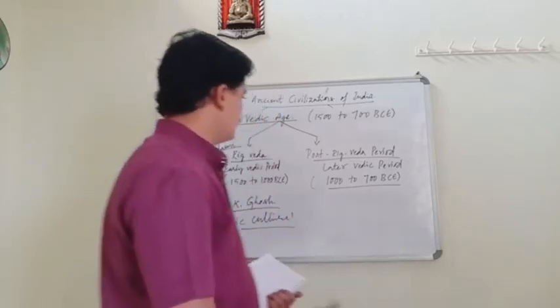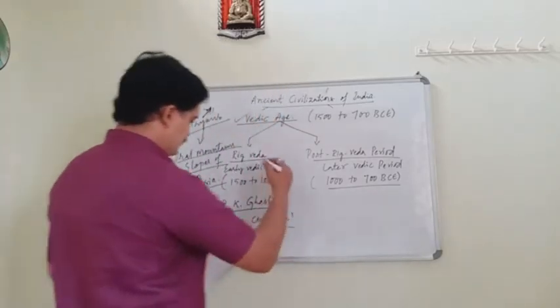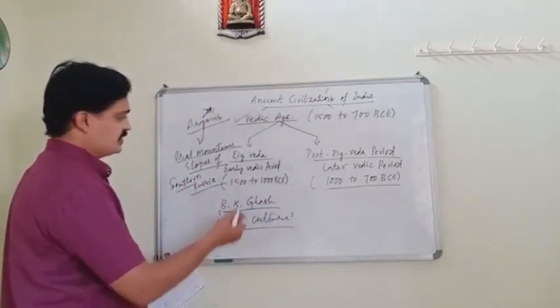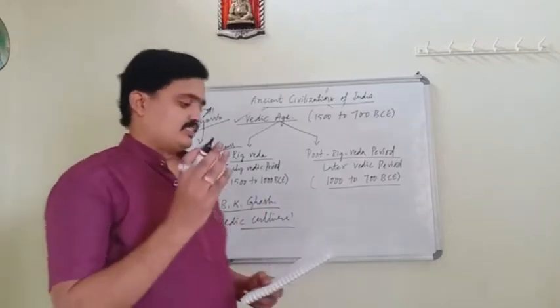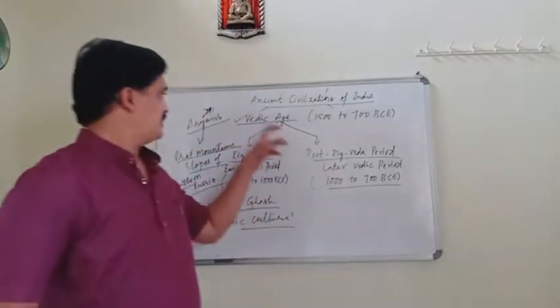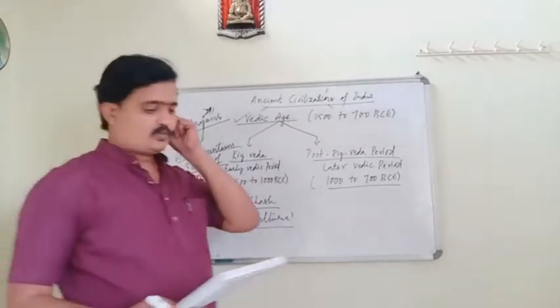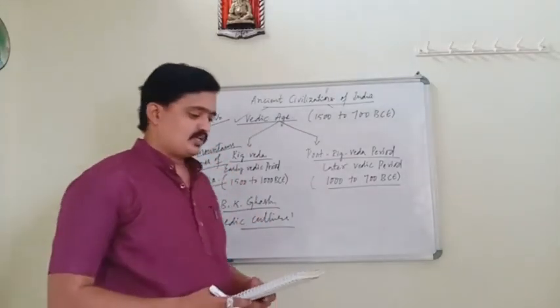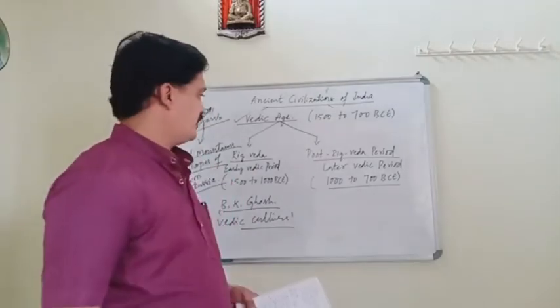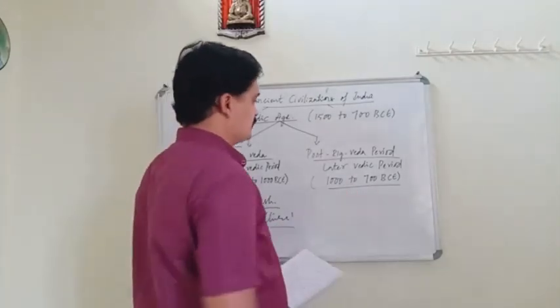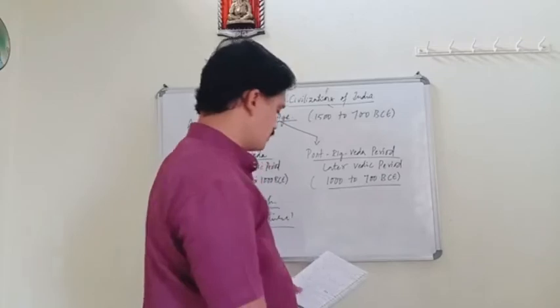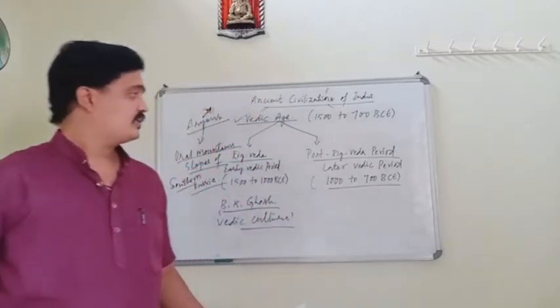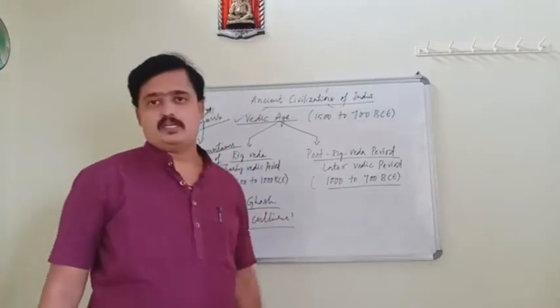I have already told you the period between 1500 to 700 BCE is called the Vedic age. The period between 1500 to 1000 is called the Rigveda or early Vedic period, and the period between 1000 to 700 BCE is called the post Rigveda or later Vedic period.